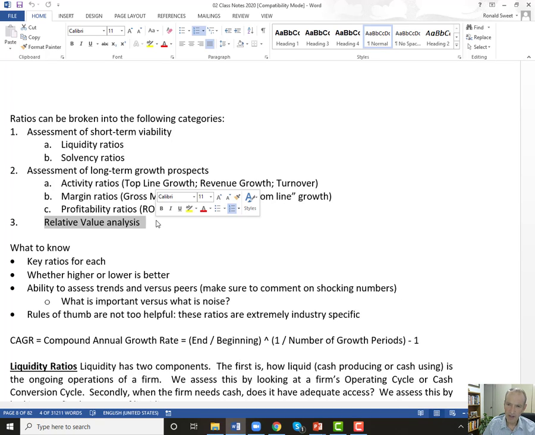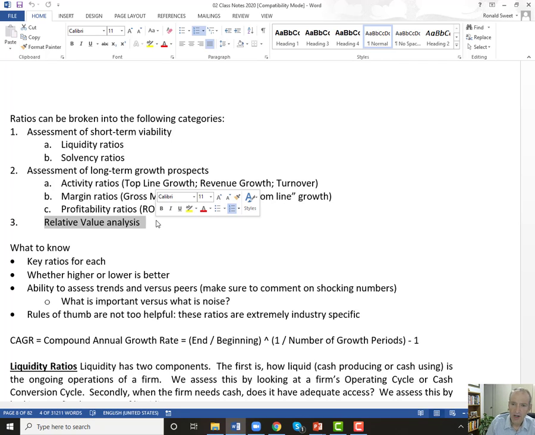But say, wow, my company looks great. It should be expensive. Then you look at the relative value and say, wow, it is expensive, just like I expected. Or this firm's really struggling. I think this firm should be trading cheap relative to other companies. You look at the relative value and say, you know what, my firm's actually trading expensive. What's going on? Maybe this company's overvalued. Maybe this is a dangerous time to buy this stock. But we'll get into that in detail.